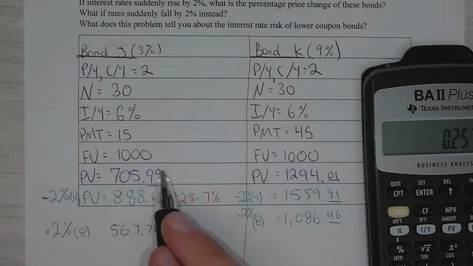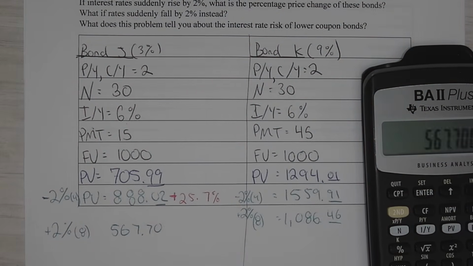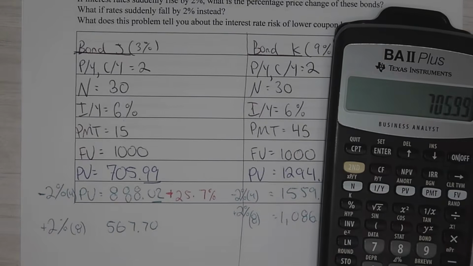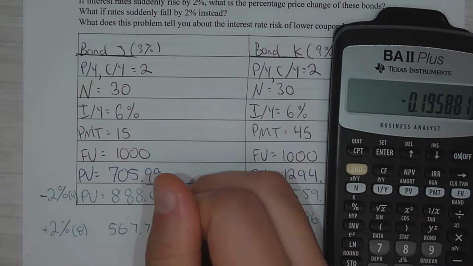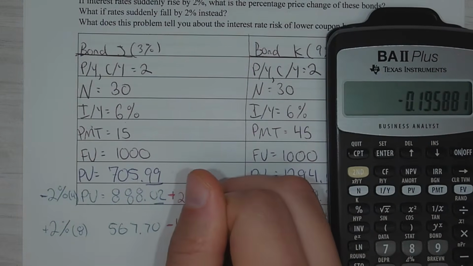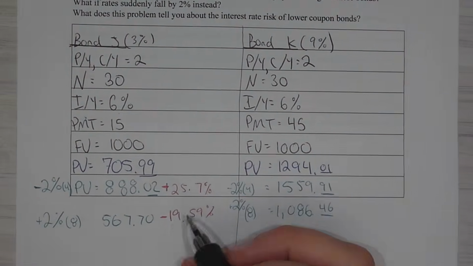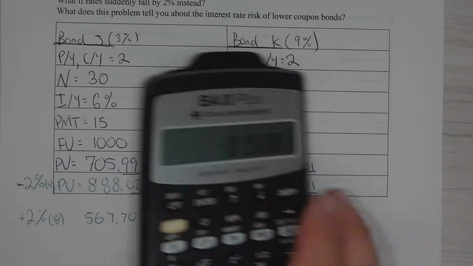That went up 25% from the last one. And 567.70 divided by 705.99 minus 1 is 19.59%. It went down 19%.